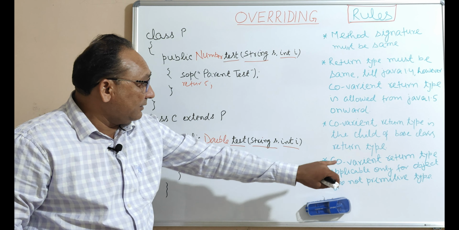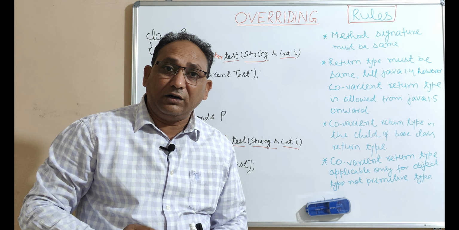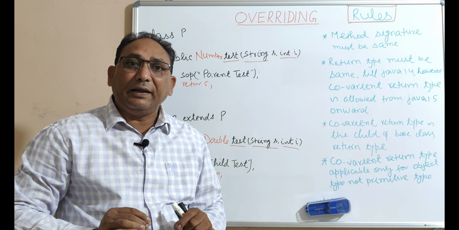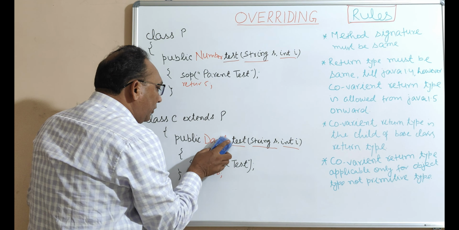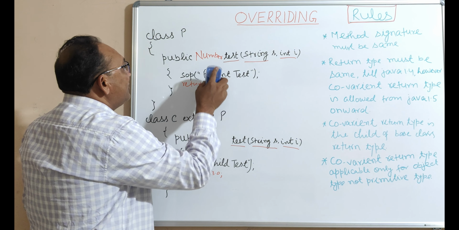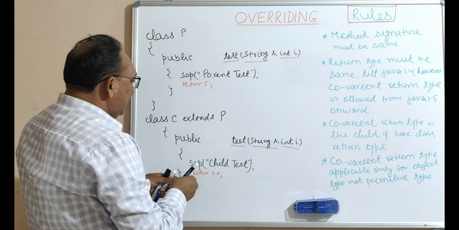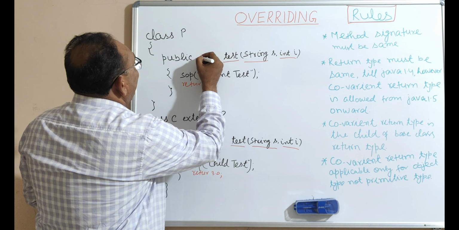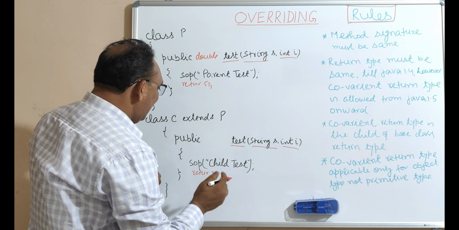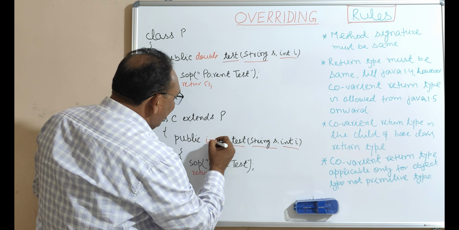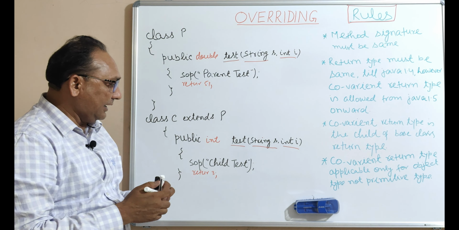Now the last point is talking about covariant return type being applicable only for object types, not for primitive types. Suppose I make changes only in the return type. Let's say this is primitive double, returning 5.1, and here I am taking primitive int, returning this.